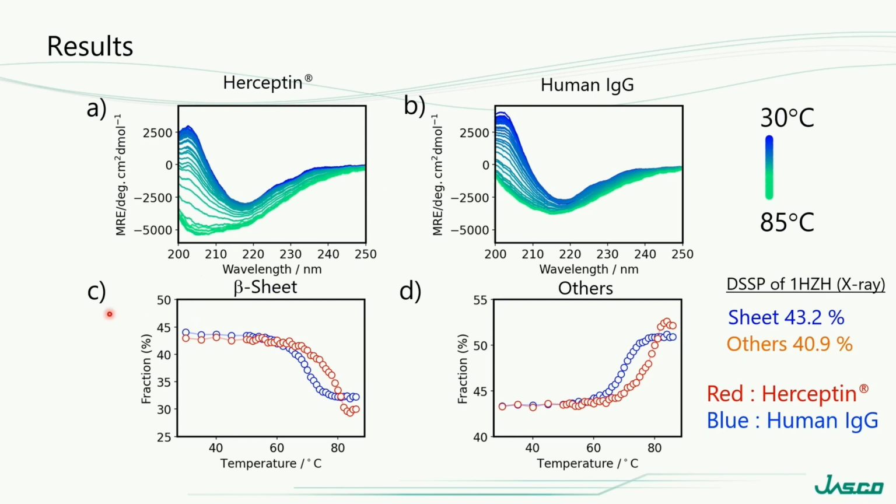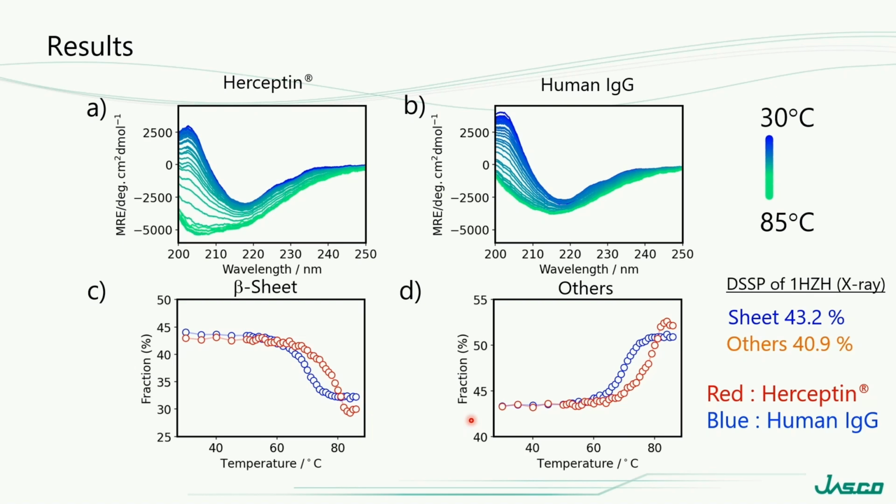And this horizontal axis is temperature, and the vertical axis shows the estimated fraction of beta sheet and others. This fraction at room temperature was consistent between Herceptin, human IgG, and the crystal structures.